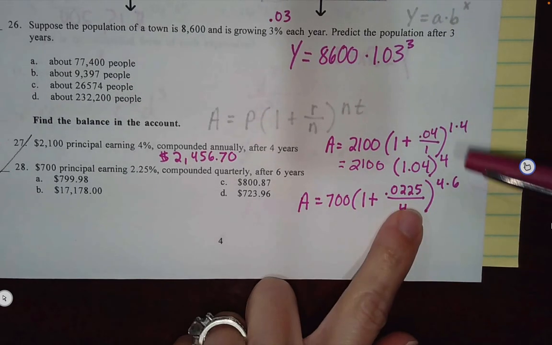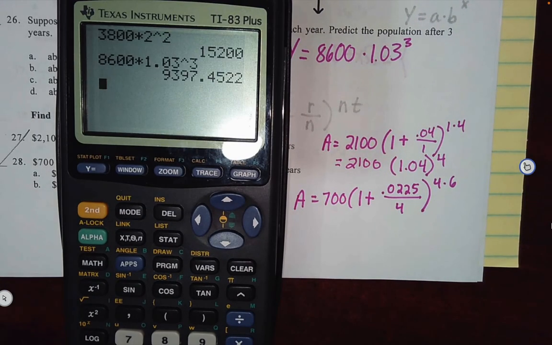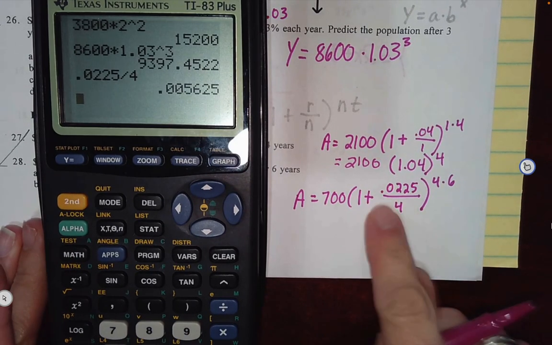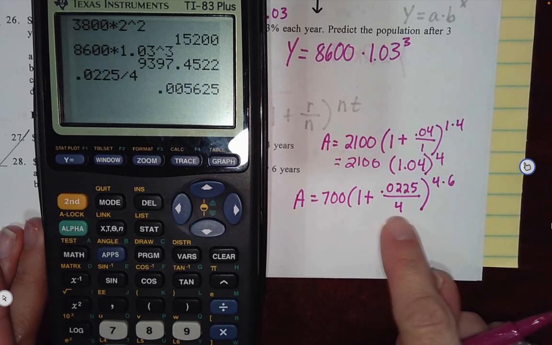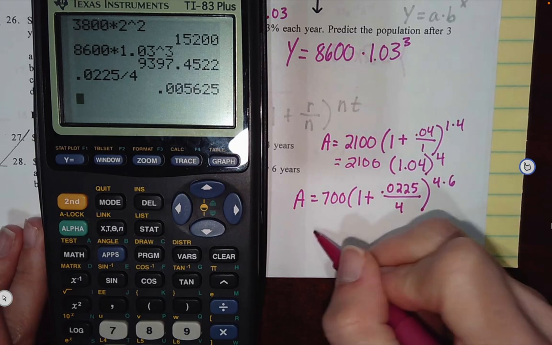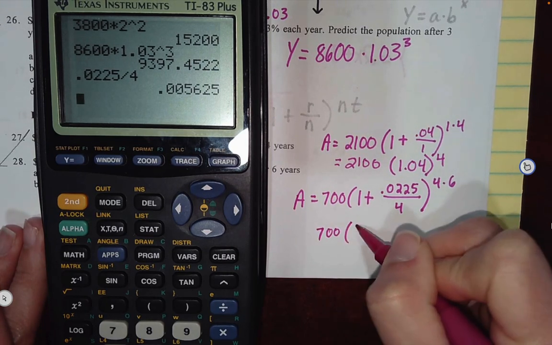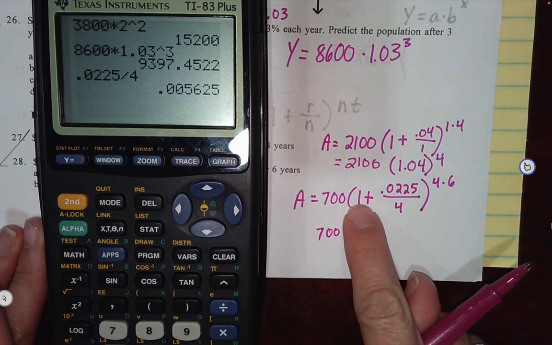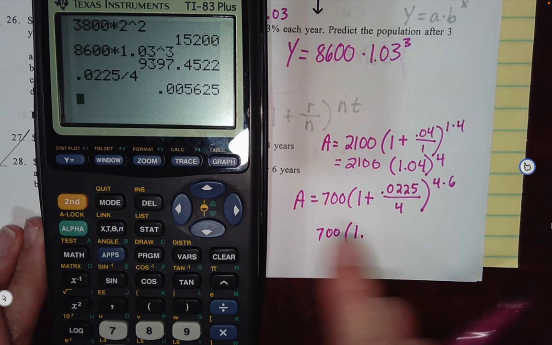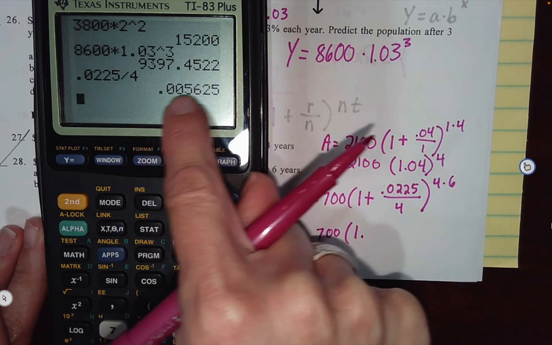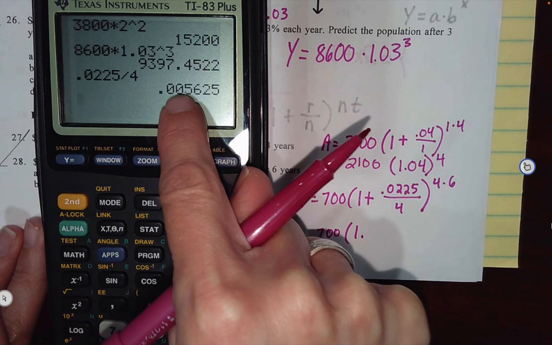In my calculator, I'm going to do 0.0225 divided by 4. So I can change this number in here. Is everybody okay with that? So I'm going to bring down my 700, and this is 1 point, because see, I have my 1 out here. I'll just go 4 decimal places. 0.0056.